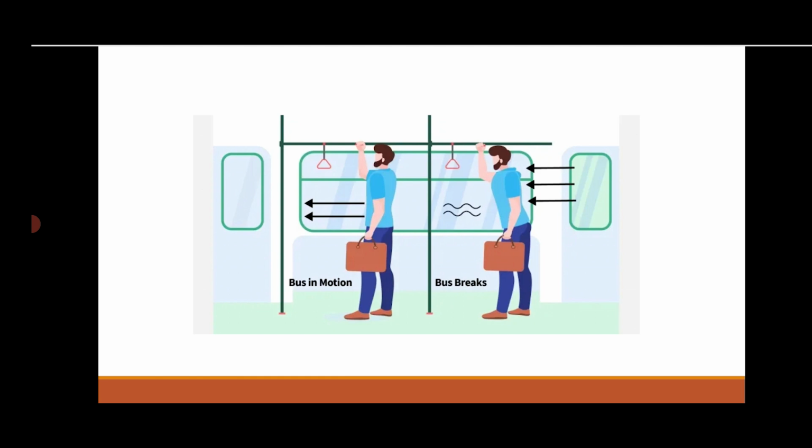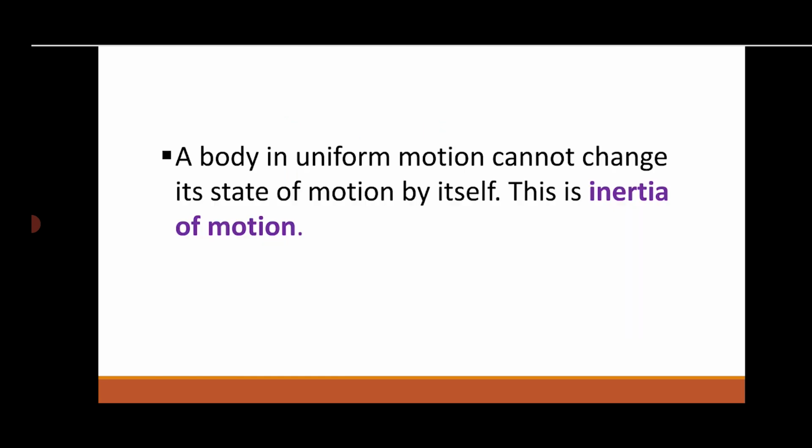When the bus stops suddenly, the lower part of the body stops first because it touches the floor, but the upper part of the body continues to move forward. This is known as inertia of motion. We can define inertia of motion as: a body in uniform motion cannot change its state of motion by itself.